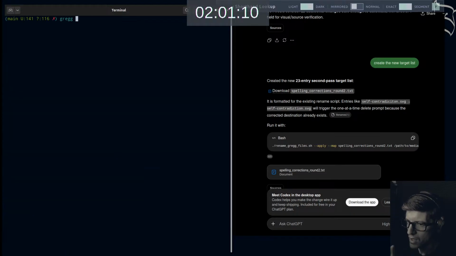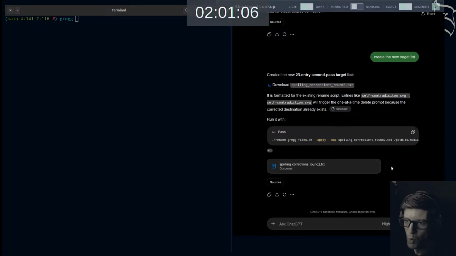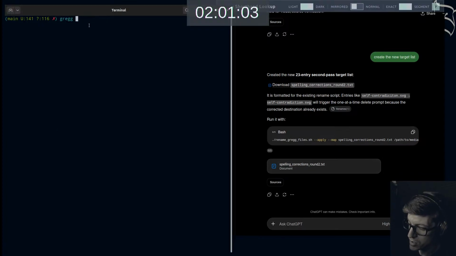We're going to call it for now. Now what I have to do is I need to go ahead and push those changes to the file. But before I do that, I'm going to go ahead and remove the sh file, rm, the rename greggfiles.sh, saved in my downloads.